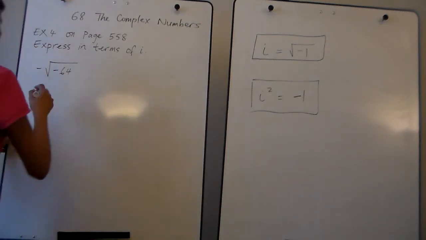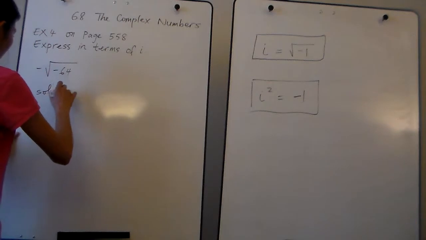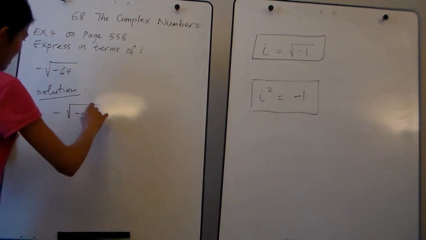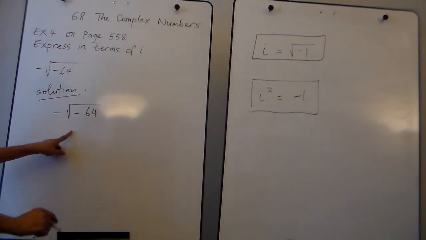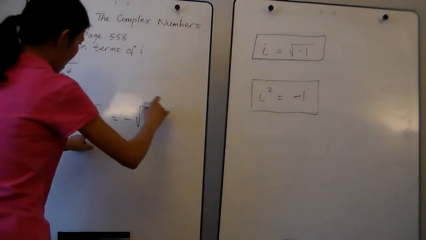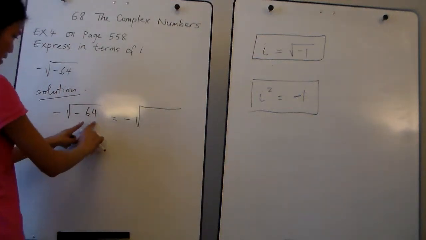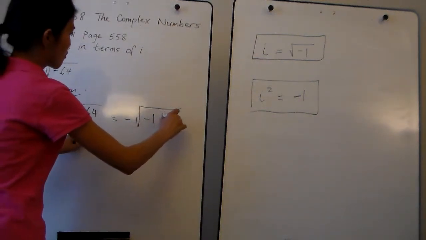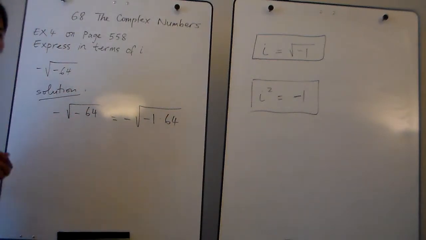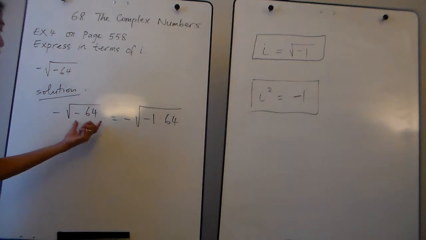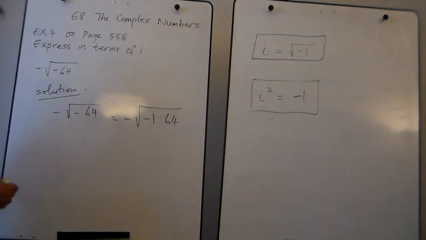For this example, solution: negative square root of negative 64. You can simplify the radicand by splitting this negative 64 into negative 1 times 64. And no surprise, right? Because negative 1 times 64 is negative 64.